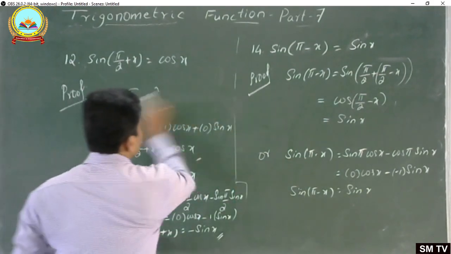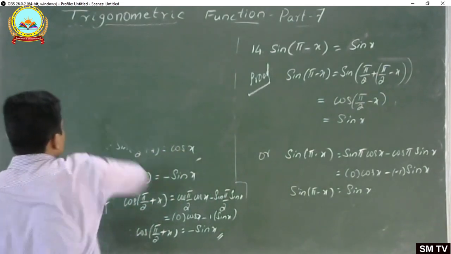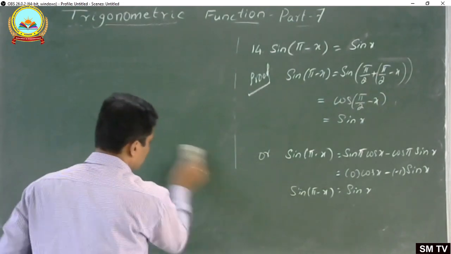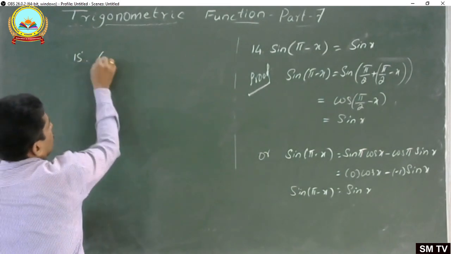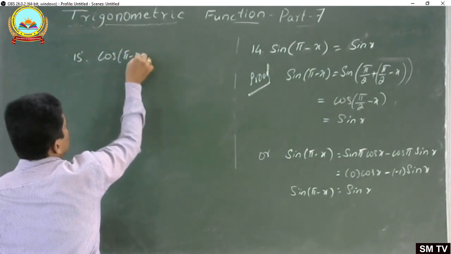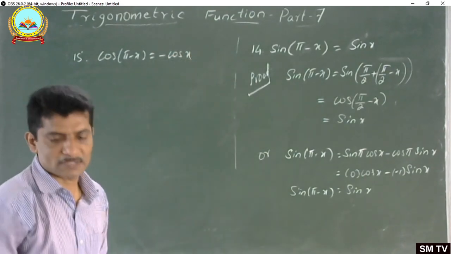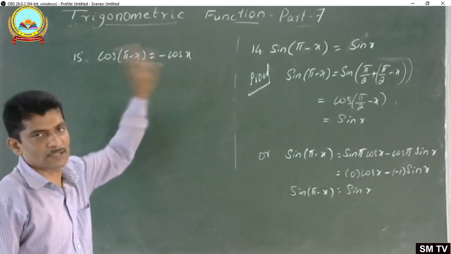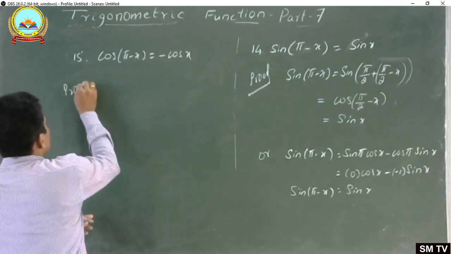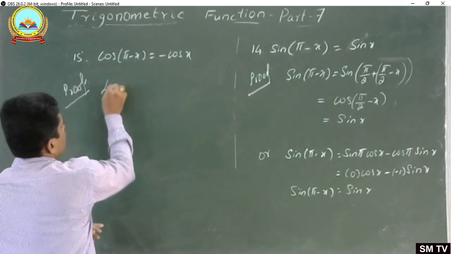And similarly, the 15th result in terms of cos. Cos of pi minus x, its value is minus cos x, not plus cos x. Its value is equal to minus cos x. Here also the proof is in both ways.